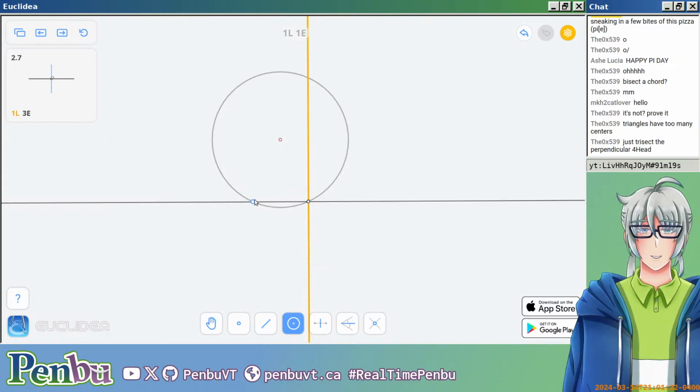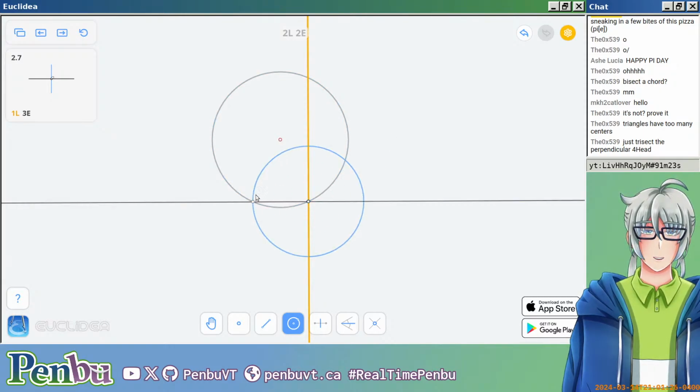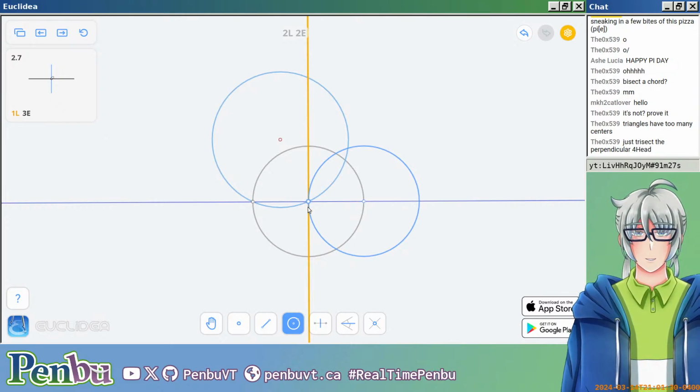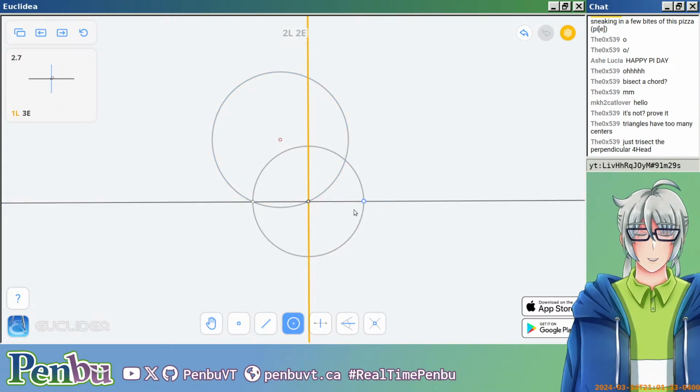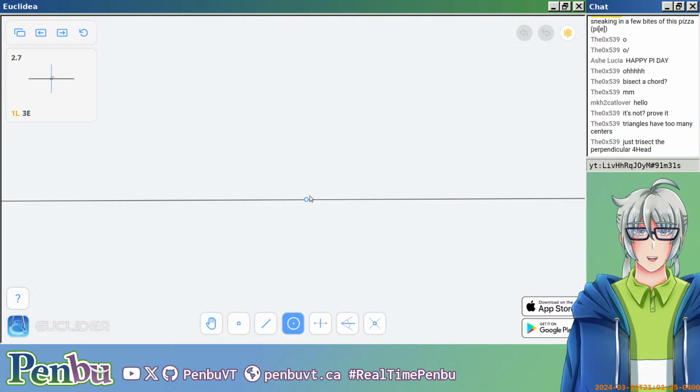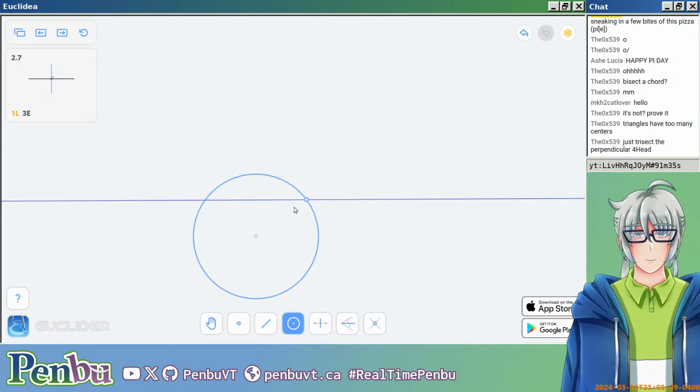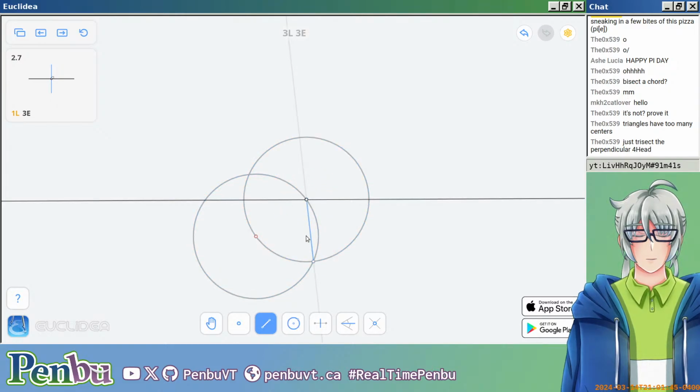So you have to construct 2 things that result in an intersection that crosses this point, which means that you have to build something, probably a circle, such that you have a perpendicular line.